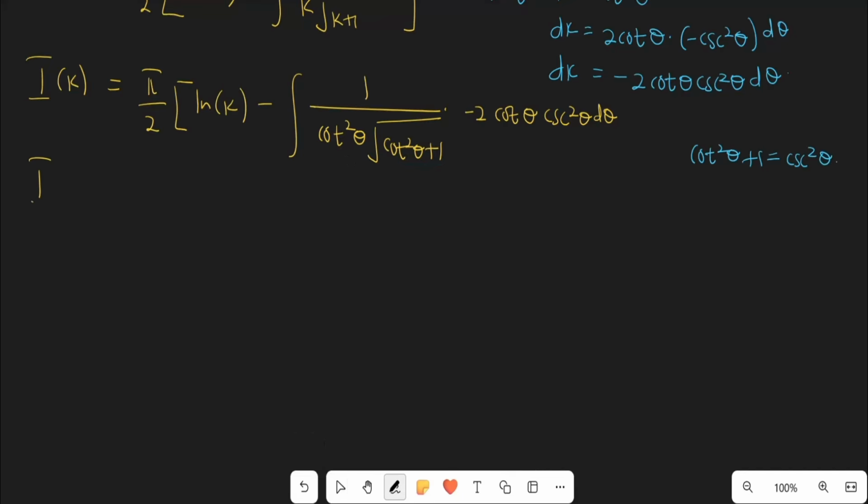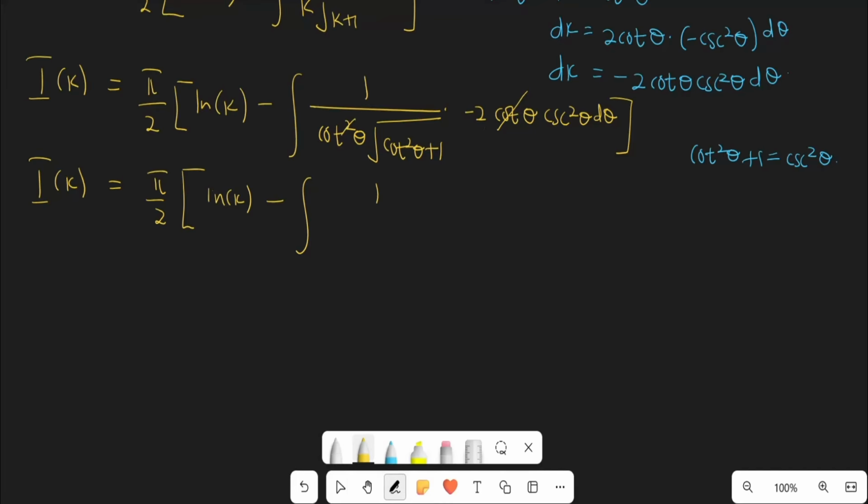Alright, so I have I of k, and that is going to be equal to pi over 2. This is closed with a square bracket. Pi over 2 multiplied by the ln of k minus the integral of 1. And we see that this cotangent of theta is going to cancel one cotangent of theta, right? And we have this 2. This 2 is going to come out of the integral sign because it's a constant, and you have negative and negative, which will become positive 2, right?